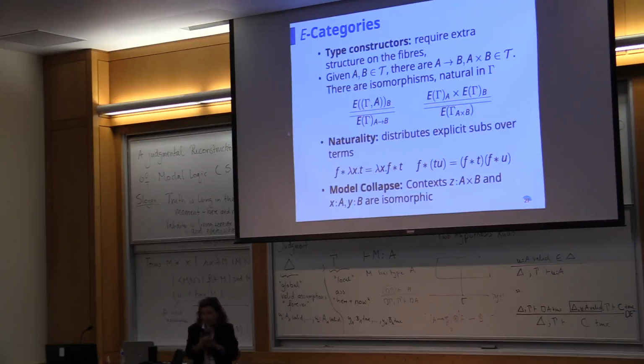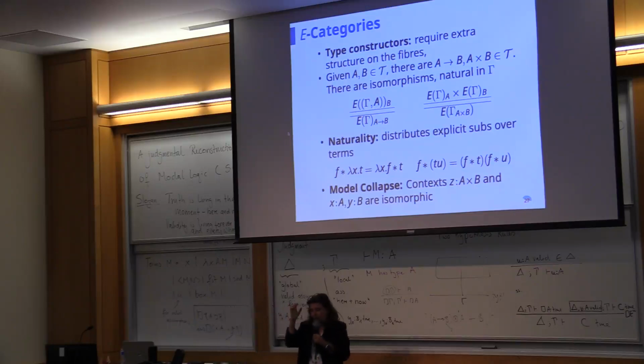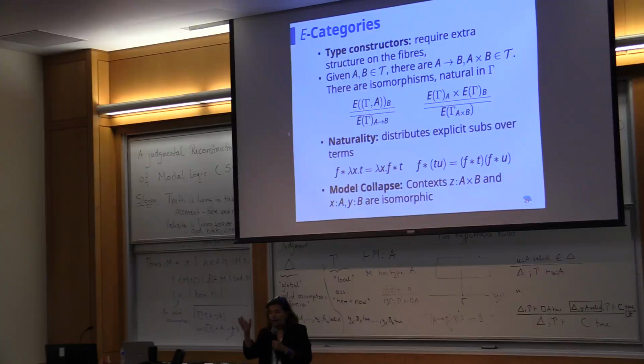So you have L categories and you have E categories. The E categories are the Cartesian ones and the L categories are the linear ones. And the cleverness here is that these E categories are just the instantiation of Ehrhard's D categories for the simple type lambda calculus.